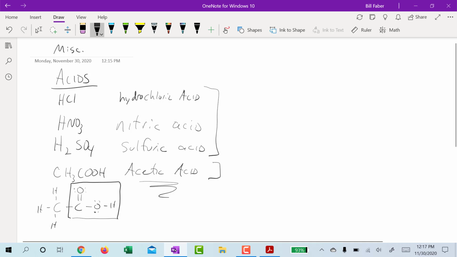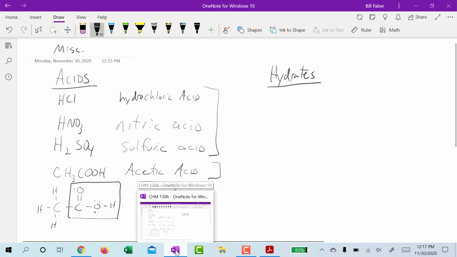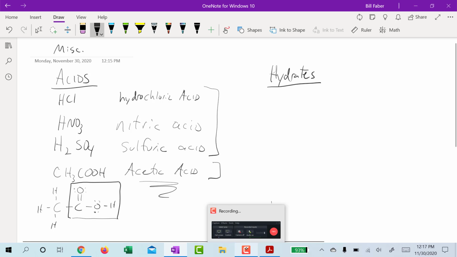Okay. Now, one last thing, miscellaneous things, is you should know what are hydrates, and it's because a lot of ionic compounds will draw in water, because ionic compounds are these big lattices of ions. In fact, I'm going to pause the video and find a picture of one for you here in a second.